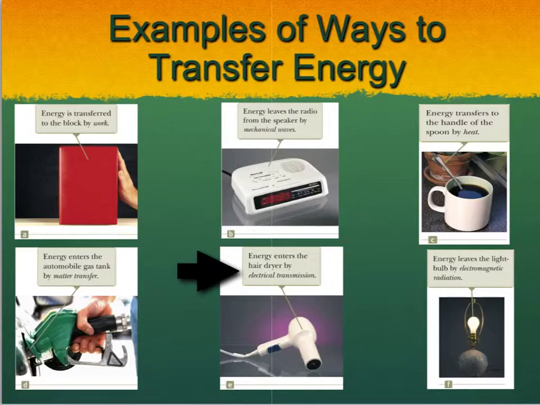So a hairdryer would be an example of that. Another example would be electromagnetic radiation. So it can just be transferred through electromagnetic waves. So that could be through radio waves, microwaves, UV, gamma, visible, any of those types of electromagnetic radiation on that electromagnetic spectrum would be a good example. So energy leaving a light bulb is a good example.